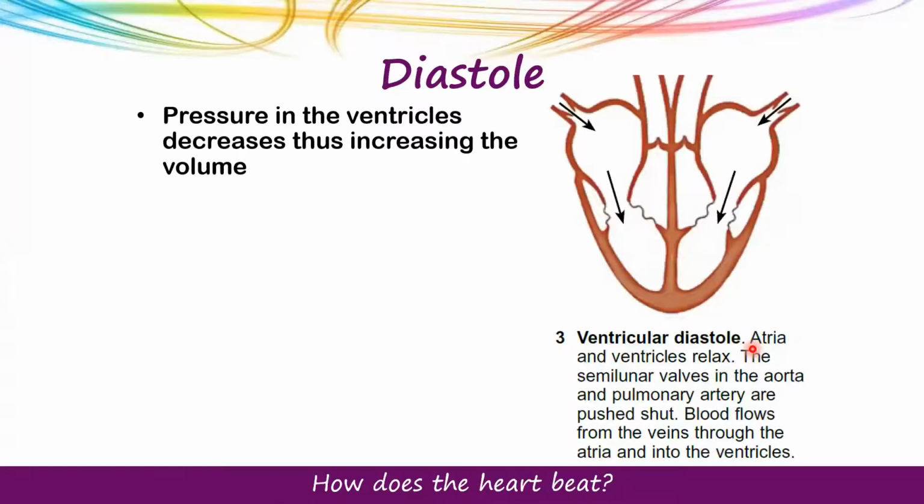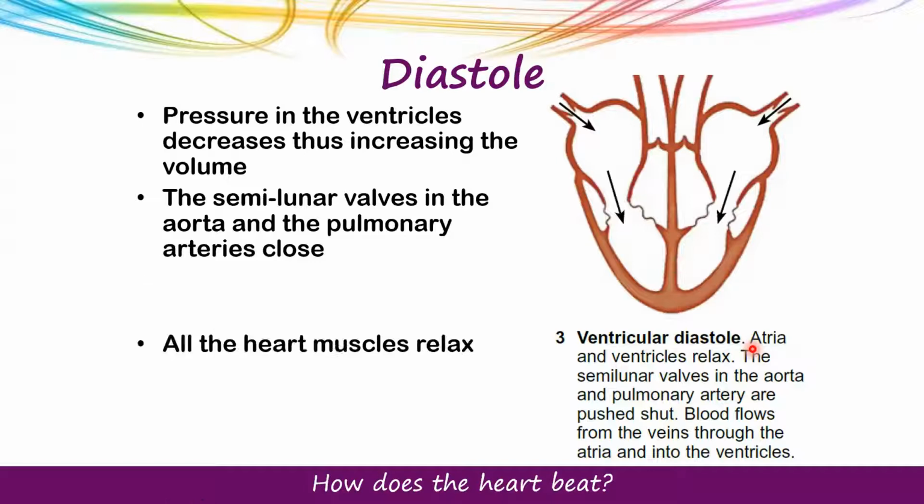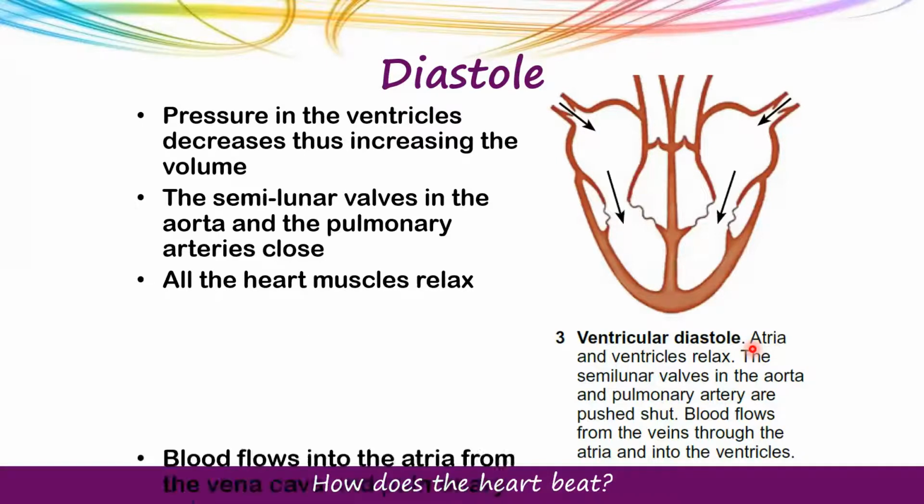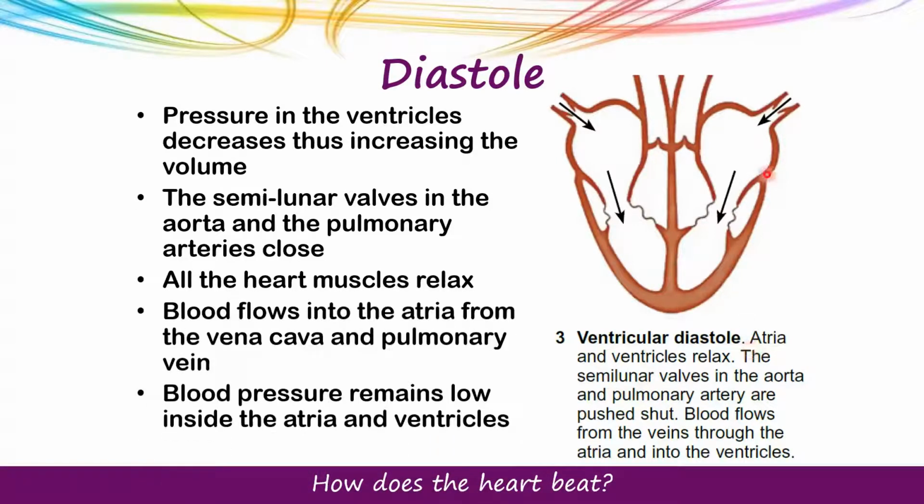So let's talk about diastole first. In diastole, as we discussed, both atria and the ventricles are relaxed. Blood is entering into all the chambers of the heart. Because of that, the pressure in the ventricle decreases, thus increasing the volume.